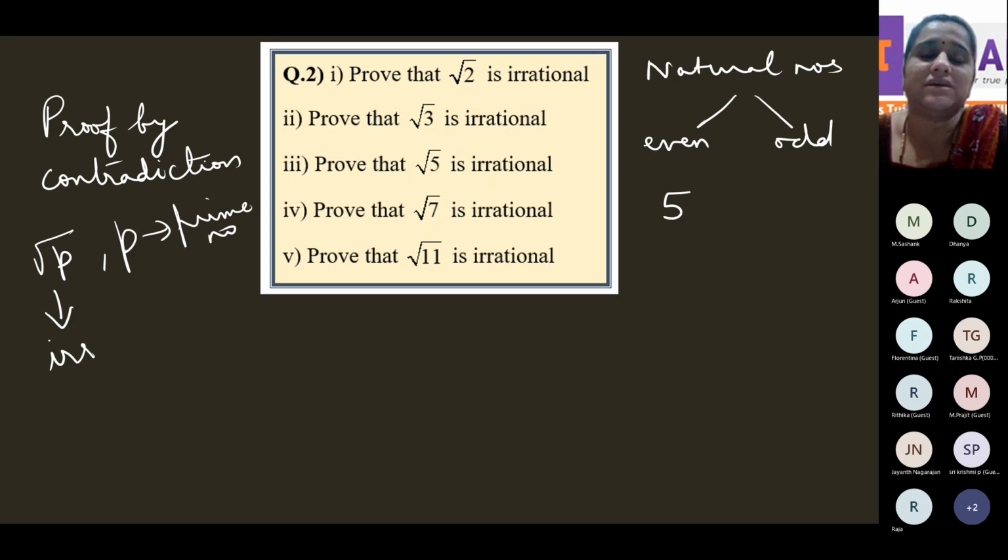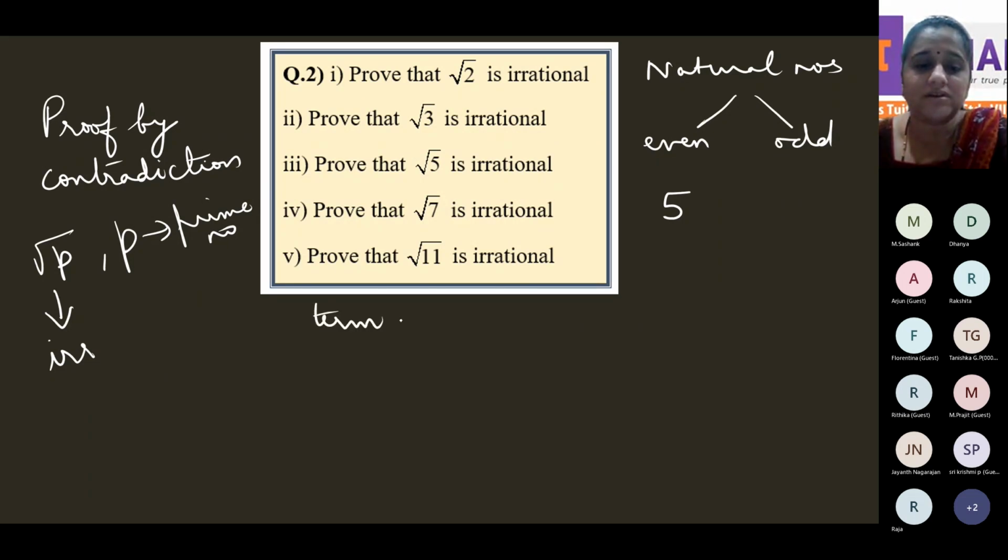And that's why we call them irrational. Because every rational number has a terminating decimal expansion or a non-terminating but repeating decimal expansion.